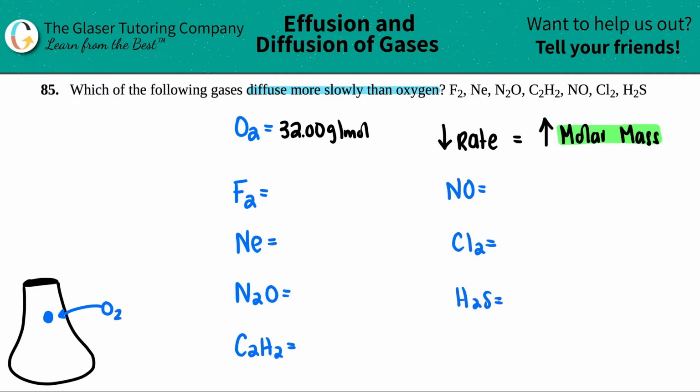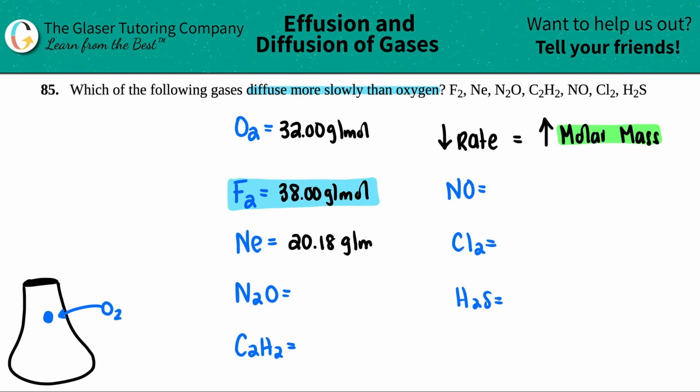F2, 19 times 2 is what, 38? 19 times 2, 38. So we found one already. So I will highlight the ones that are slower. So F2, since it has a higher molar mass, will diffuse more slowly. Ne is just 20.18.